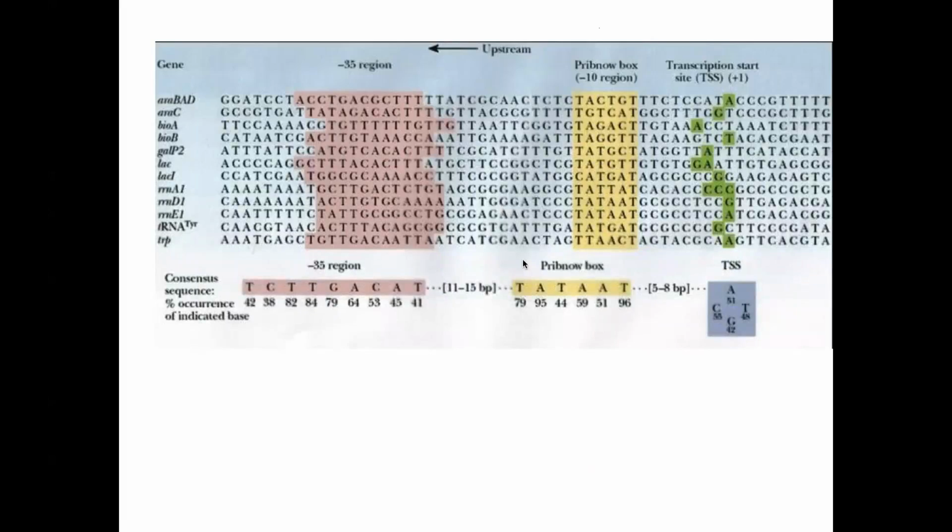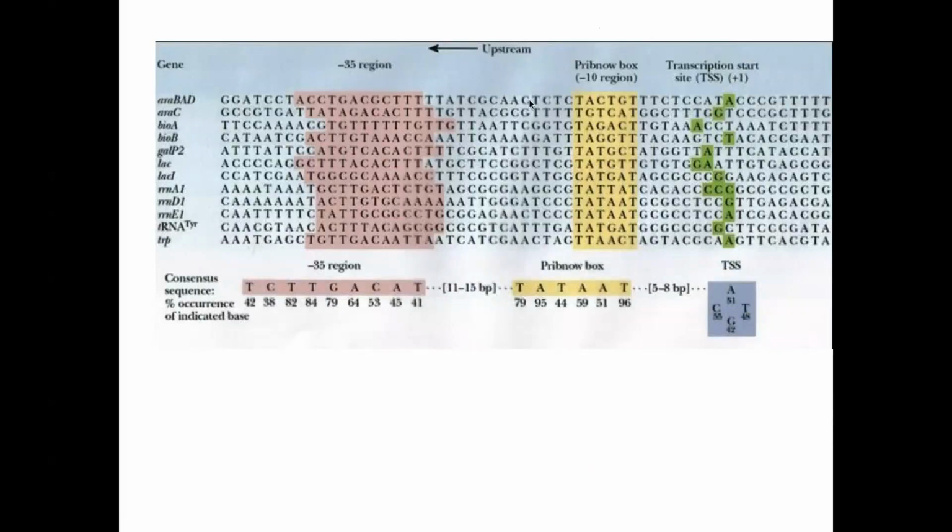So what we have in this diagram here are the alignment of the upstream region of genes from the E. coli genome. And actually what you find in this list is that there are all three types of genes. So what do I mean by that? Three different types of genes that produce the three different types of transcripts that I described earlier.